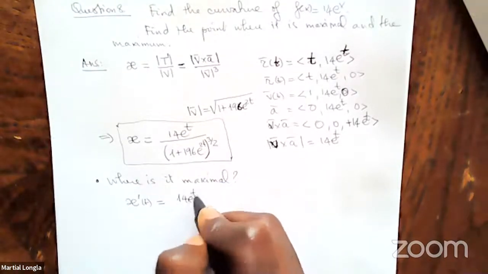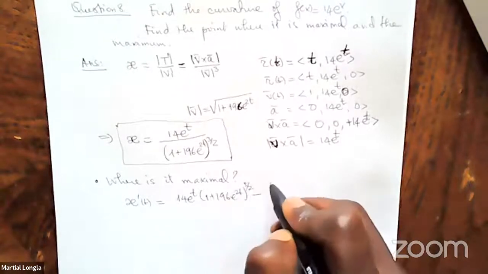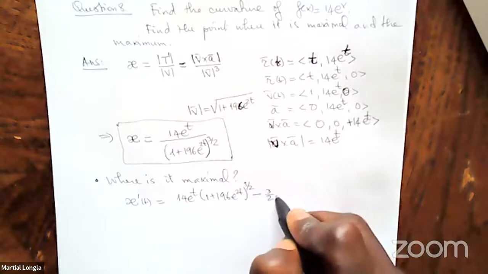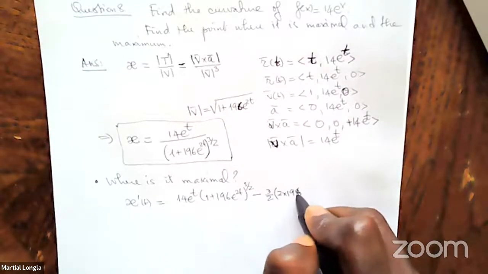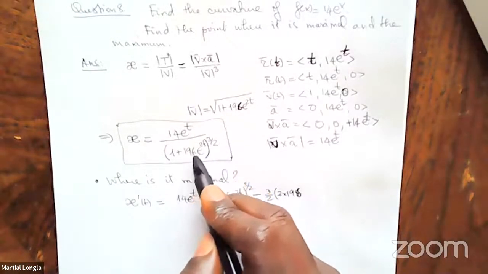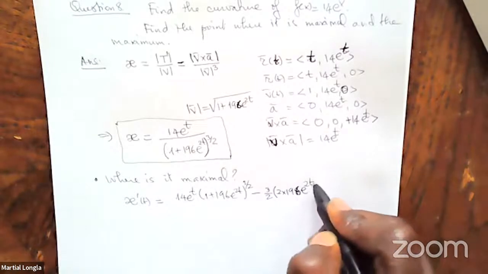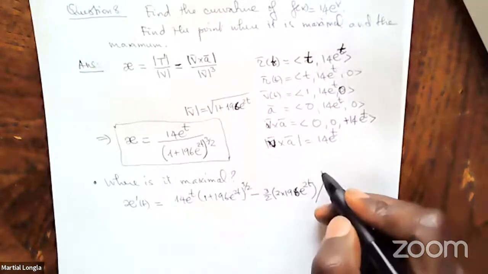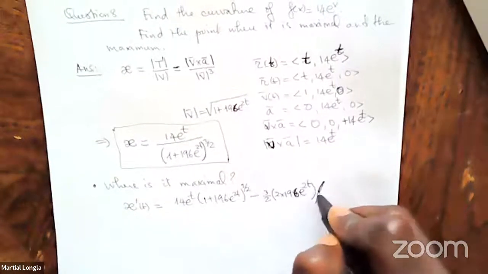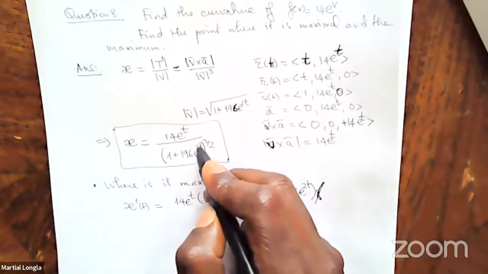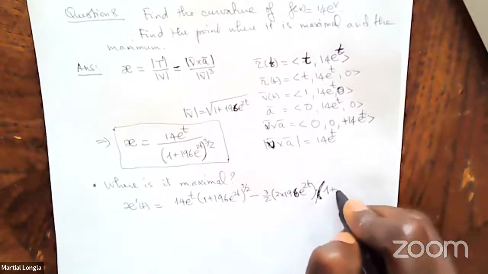So that's 14 e to the t times 1 plus 196 e to the 2t to the 3 halves, minus 3 halves times 2 times 196, chain rule, e to the 2t, times 1 plus 196 e to the 2t to the power 3 halves minus 1, which is 1 half.